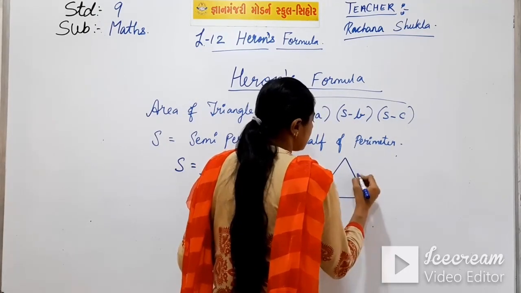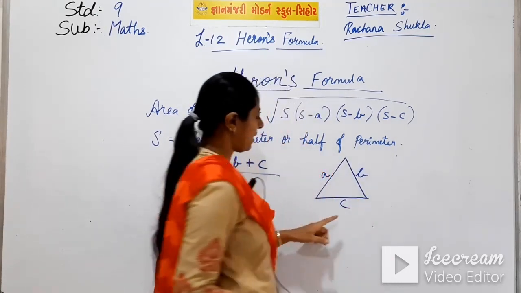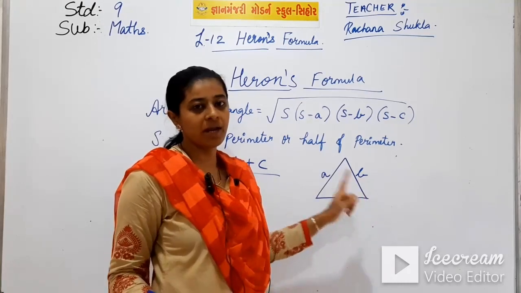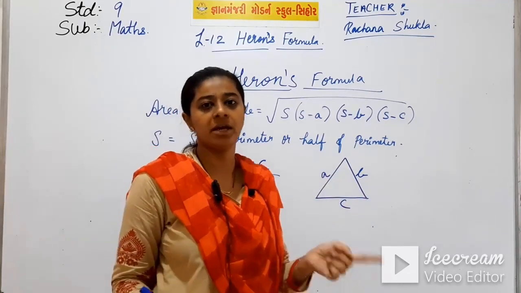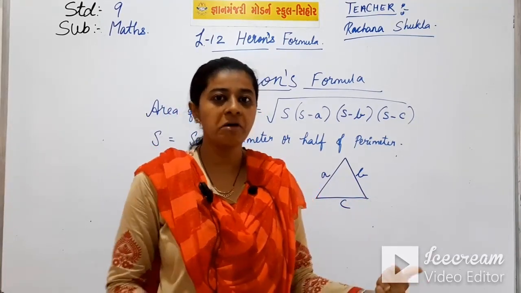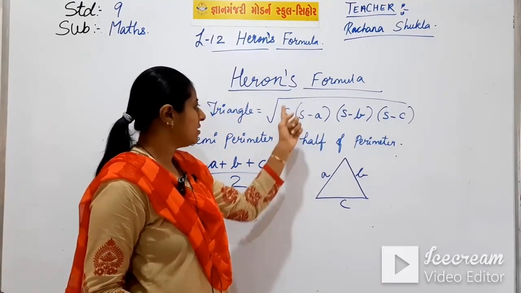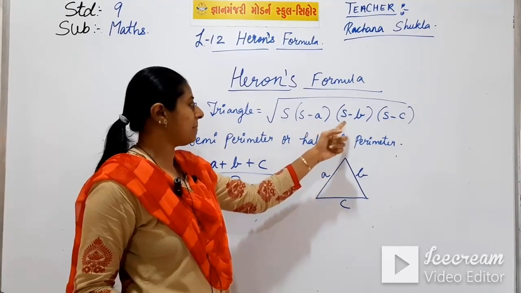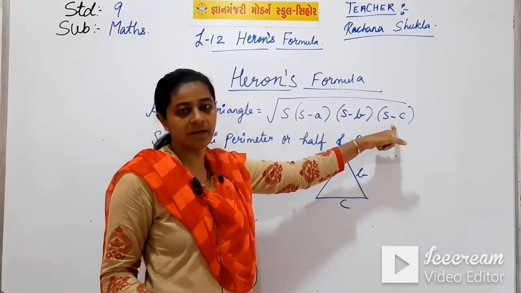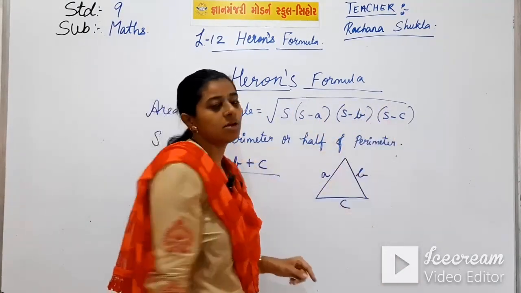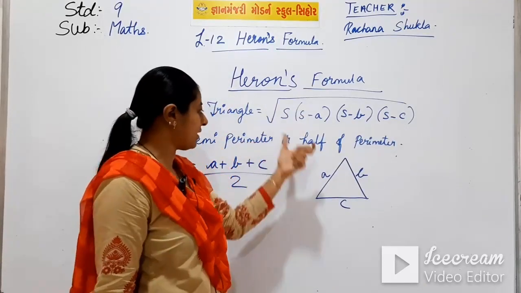See, if this is A, this is B and this side C, this is the triangle. If we want to find out the area of the triangle by Heron's formula, you need S multiply S minus A multiply S minus B multiply S minus C, and then the root of that answer.